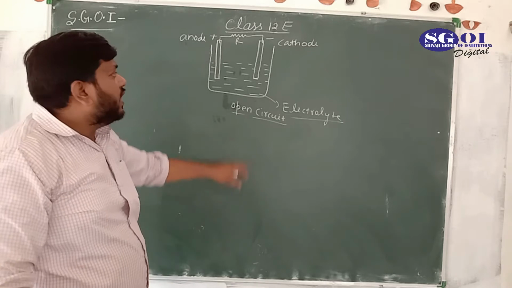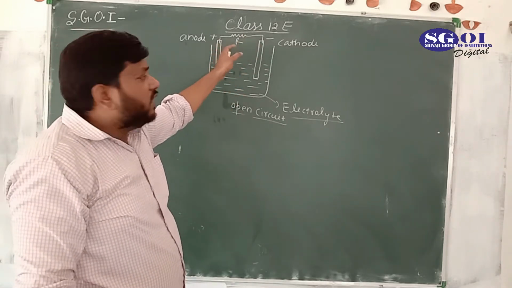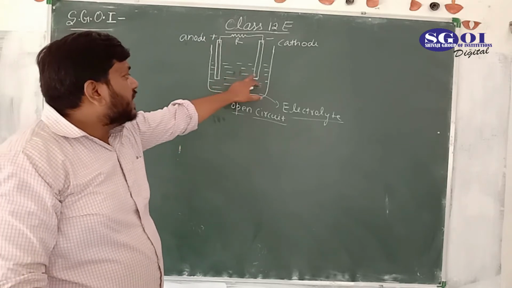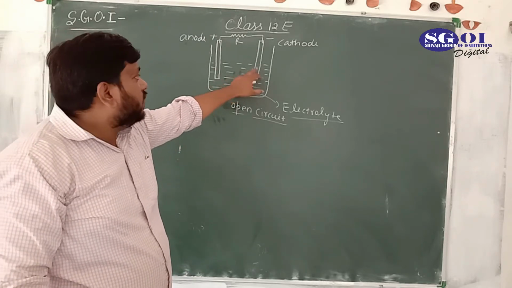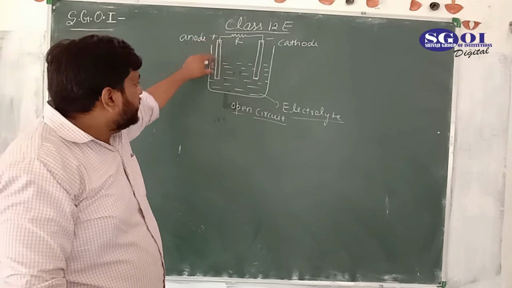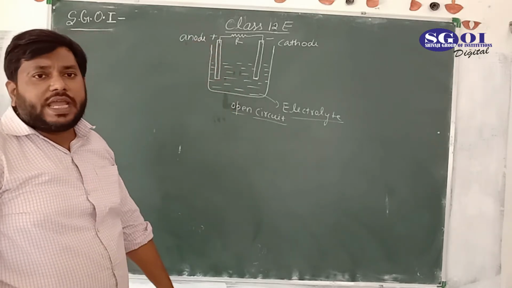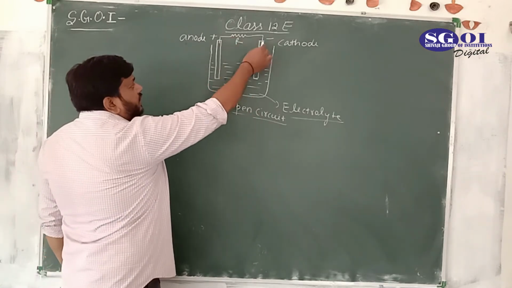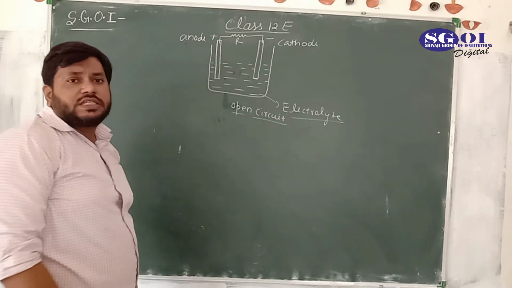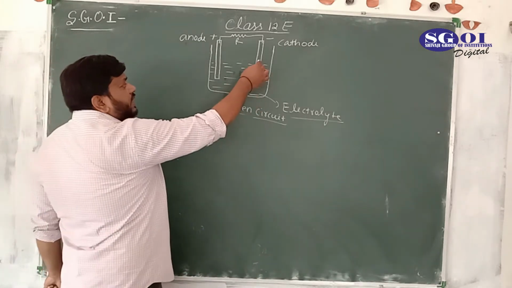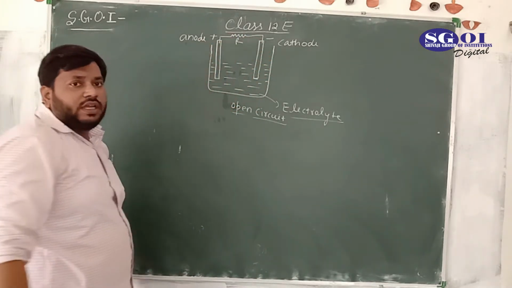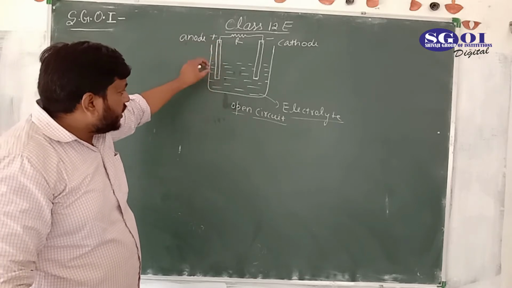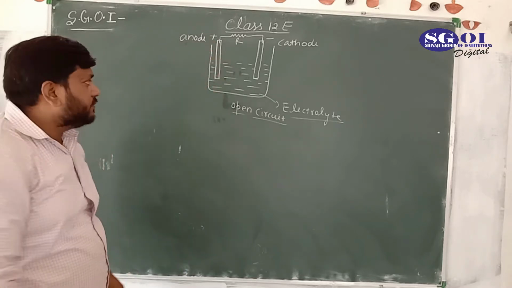We have to give a metallic path so that the excess electrons can move from this plate to this plate, and the deficiency of electrons in this particular plate can be reduced. So as we connect both terminals by the external circuit, the excess electrons start moving, and this plate is providing the electrons to the ions.